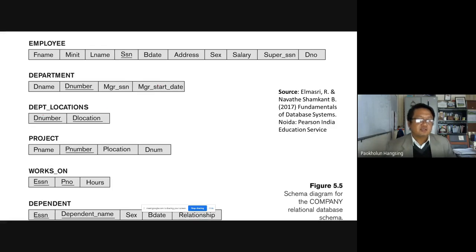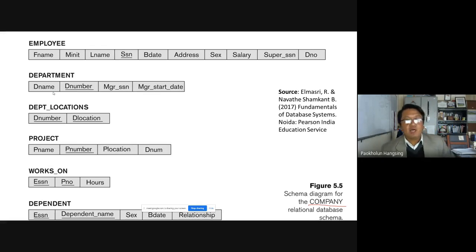Similarly, we have department location, department number and location, projects, works on. How many relations do we have? 1, 2, 3, 4, 5, 6. For this company database, relational database schema, we have 6 relations.